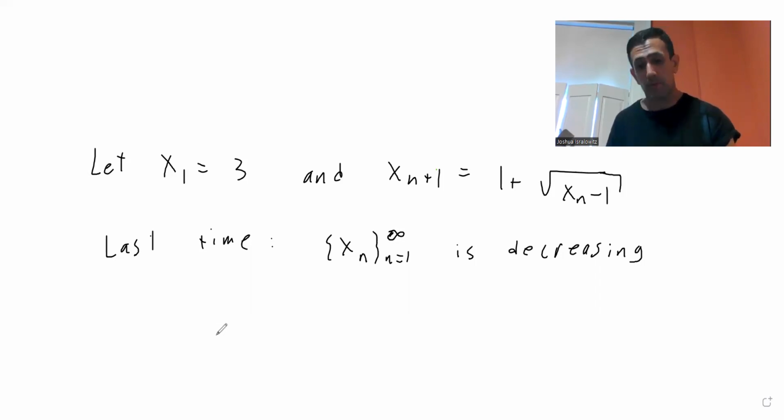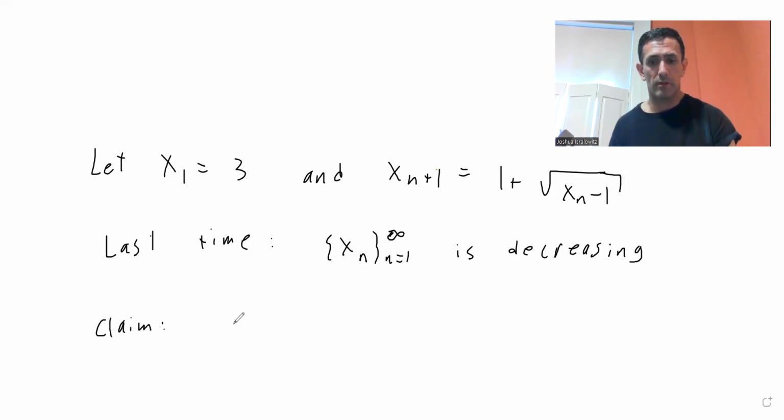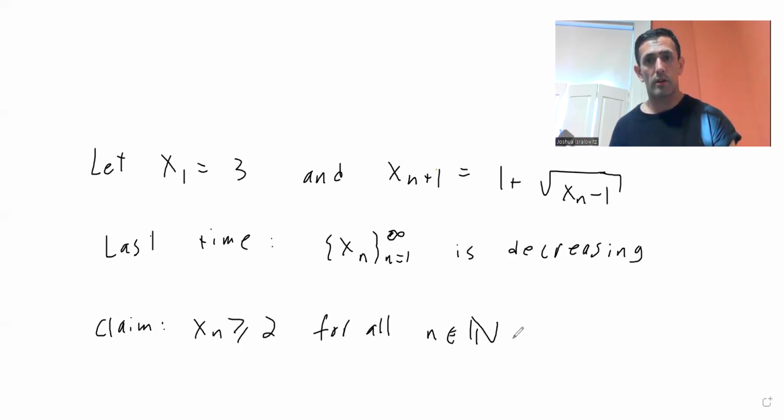That's a lower bound, but we're going to get a better lower bound that's going to be useful for us to figure out what the limit is. So I claim, and this is still pretty easy to prove, that 2 is a better lower bound. So xn is bigger or equal to 2 for all n natural.